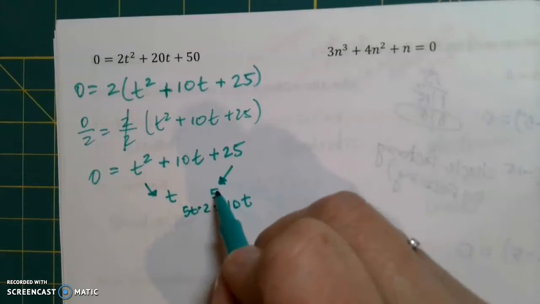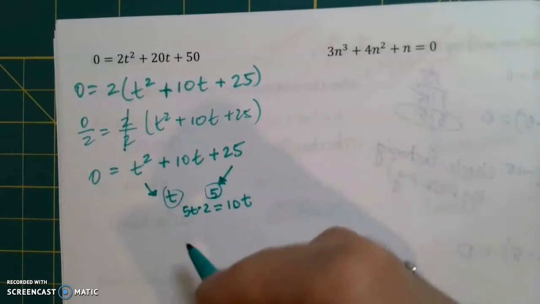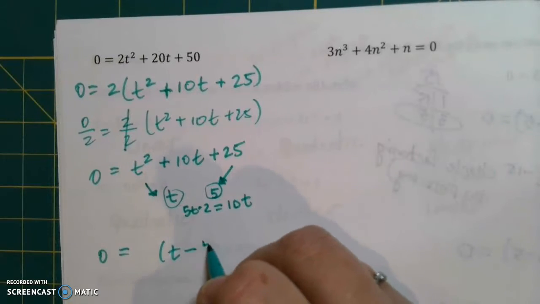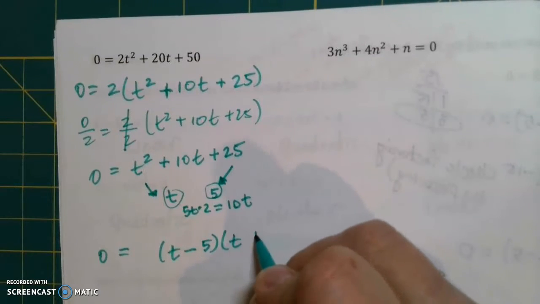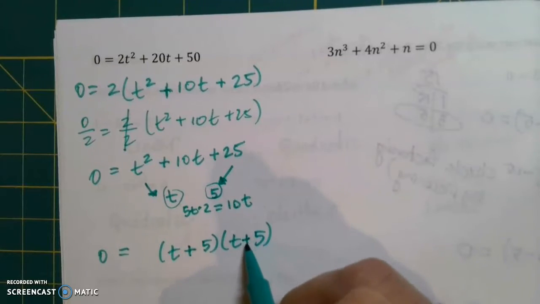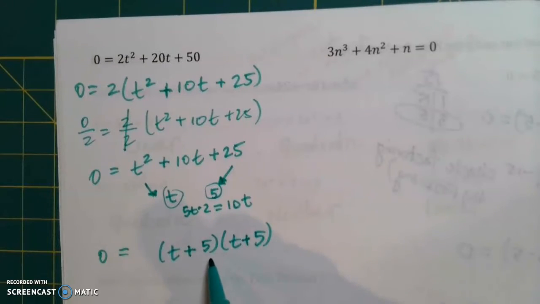So I'm going to take those two square roots that I came up with, and it'll be, sorry, I didn't mean to put the operation in there yet. It's going to look like that, and then these are actually both going to be addition, because we know it's a repeated term. It's this one squared, and then we use addition because that is the operation in front of the 10t.